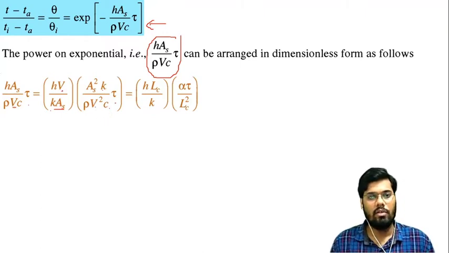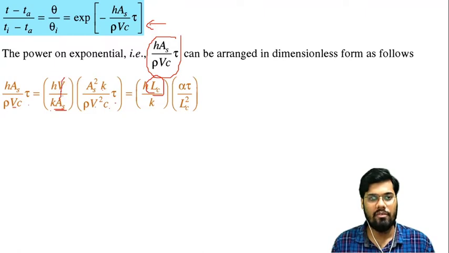This is our volume upon area. We know that volume by area is known as the characteristic length. Volume upon surface area is known as the characteristic length, which is denoted by Lc. So instead of volume upon surface area, we can write the characteristic length Lc. So this term becomes h Lc by k.